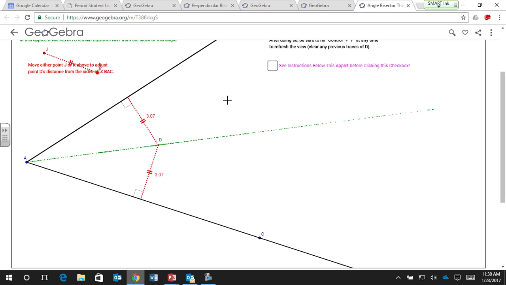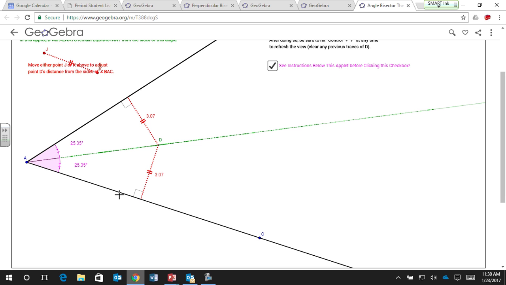Okay, so the angle bisector is going to be equidistant from the rays, from the angles, right? From the rays that make the angle.